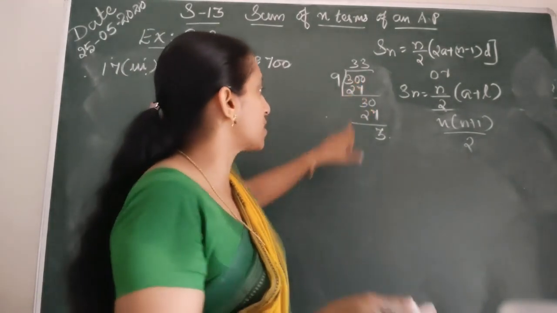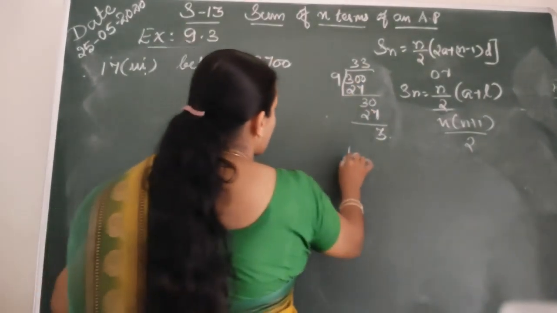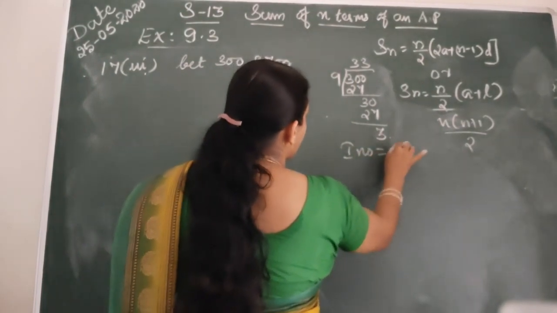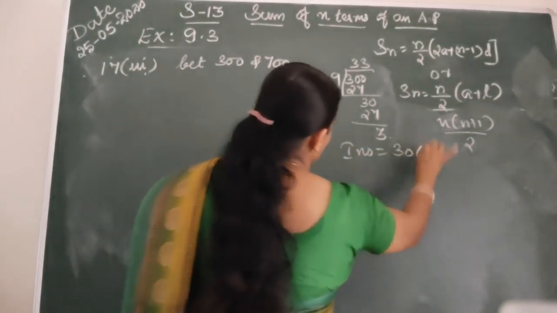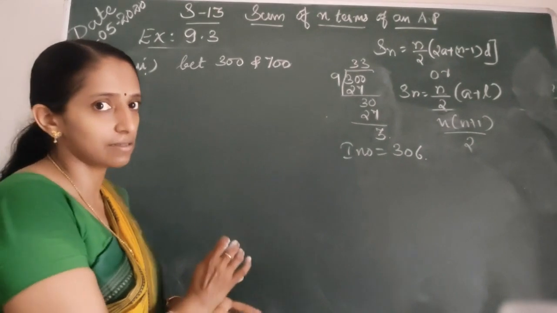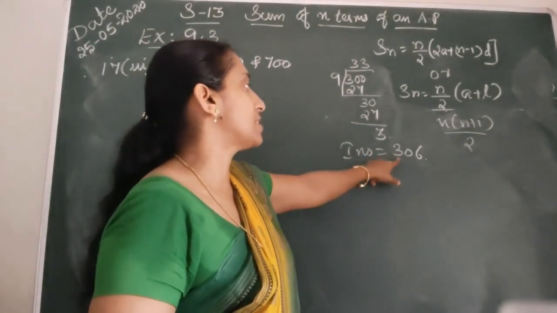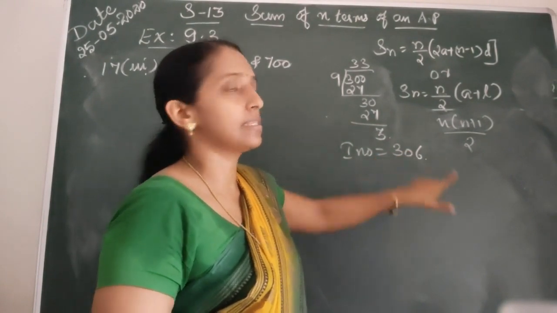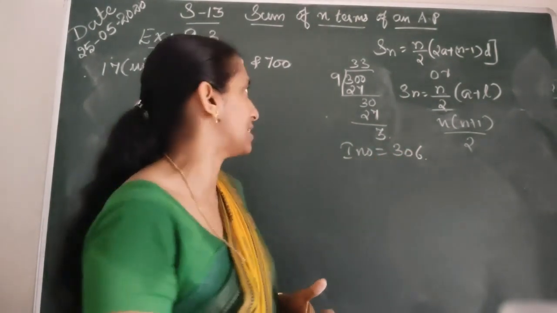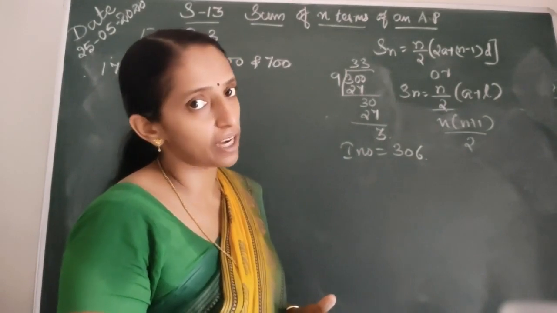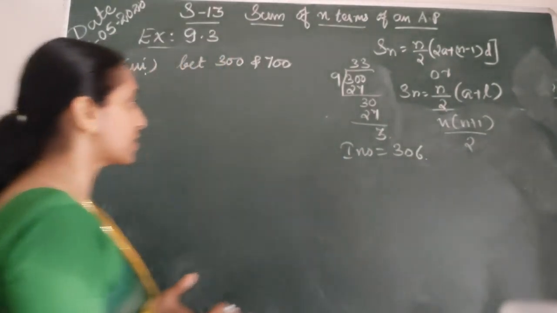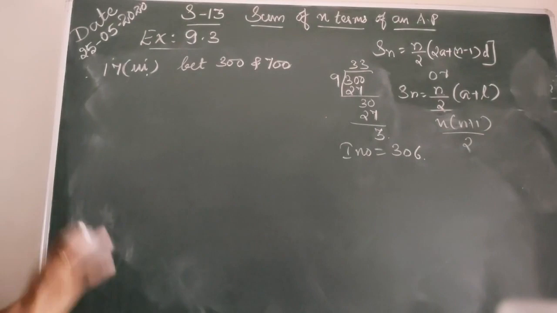So the first number you are getting will be 306. Check whether 306 is divisible by 9. 3 9s are 27, remainder 3, 36, 4 9s are 36. So it is divisible 34 times. Okay, so the first number we got is 306.